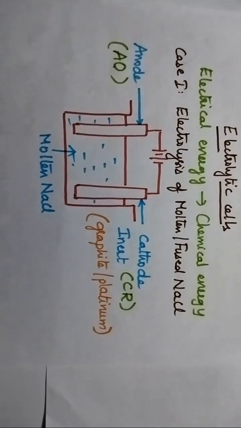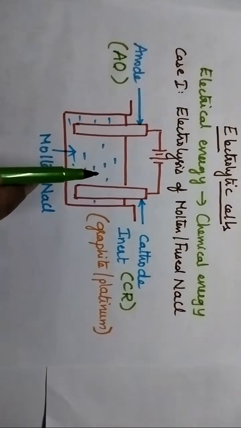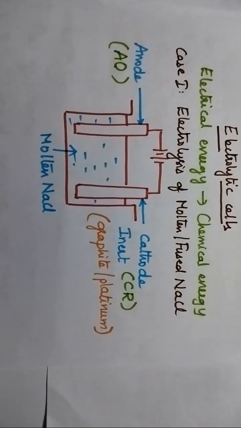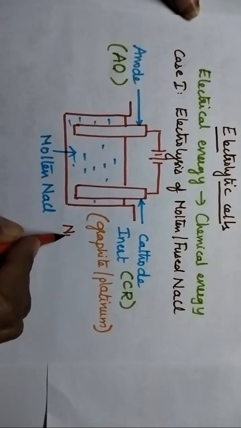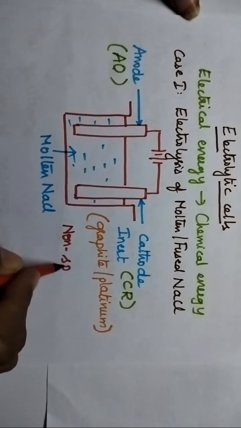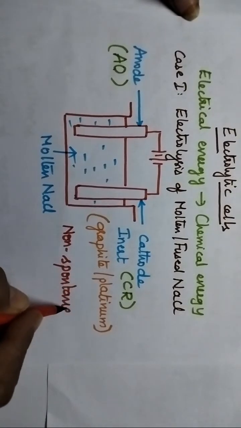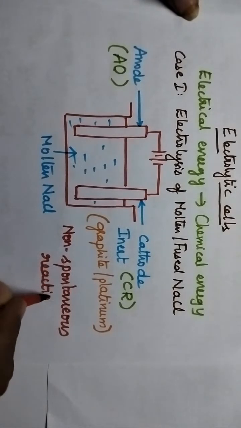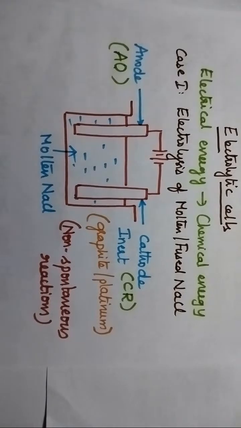Whenever the two electrodes are connected to the battery, due to the supply of electrical energy, always remember that an electrolytic cell supports non-spontaneous reactions. So, non-spontaneous reactions take place readily in an electrolytic cell.